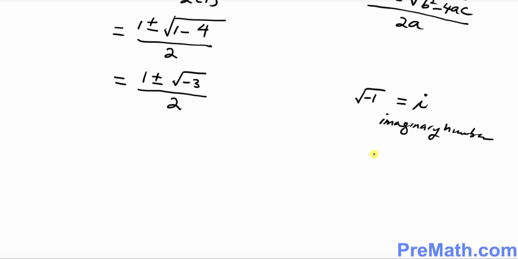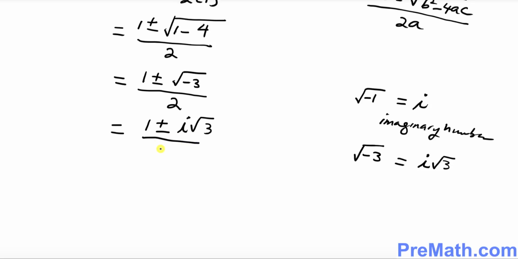So that means the square root of negative 3 is simply i times the square root of 3. So that's what I'm going to write down: 1 plus or minus i times the square root of 3, divided by 2.